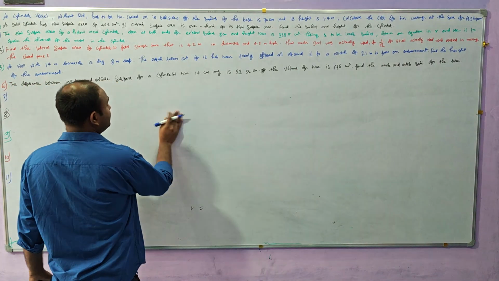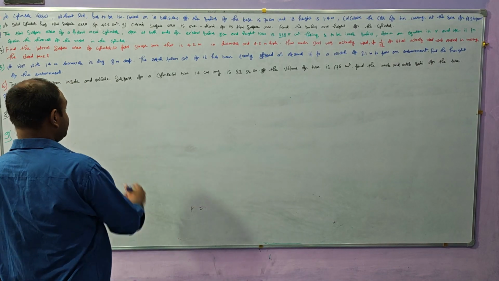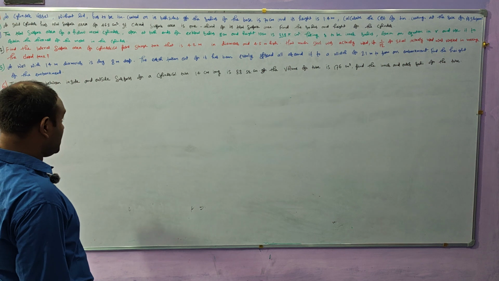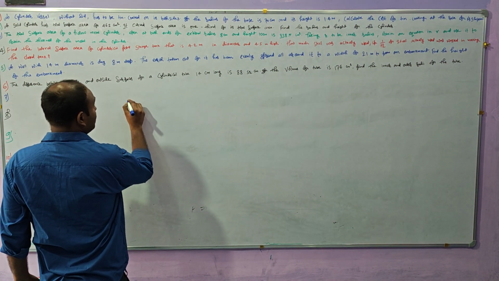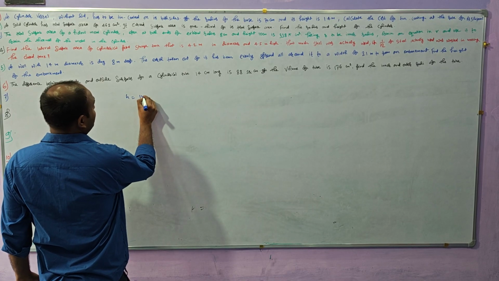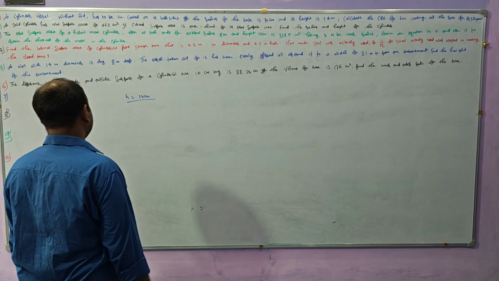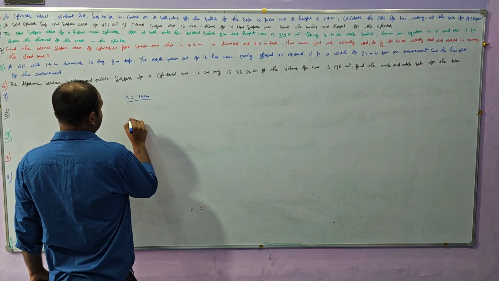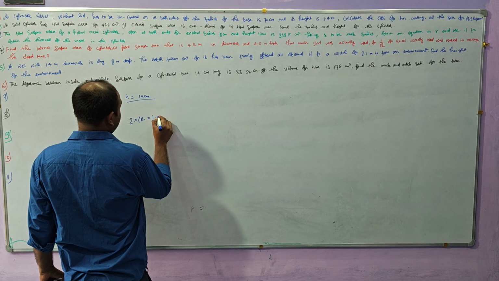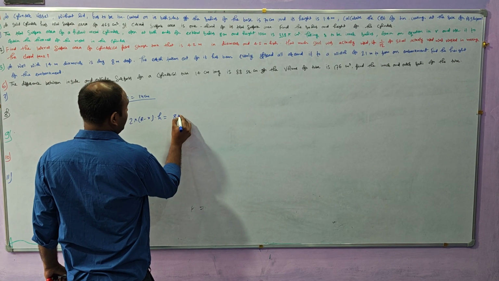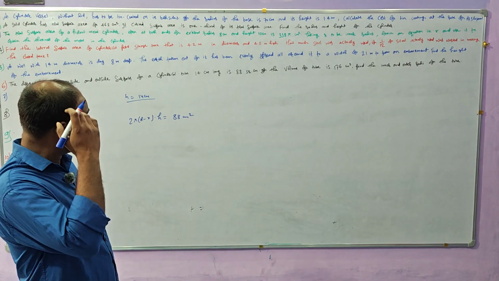So we have h is equal to 14 centimeter, and the difference between the outside and inside surface is 2 pi R minus r into h is equal to 88 centimeter square.